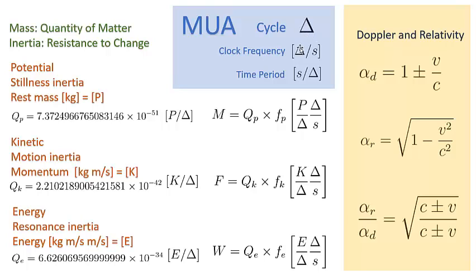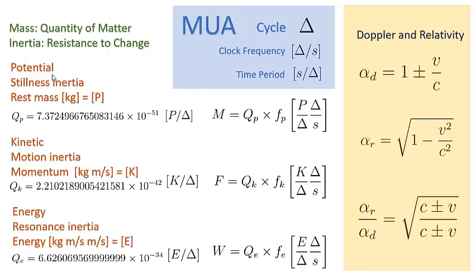And I embed this into the unit analysis. And so the units of frequency are cycles per second, and the unit of time period is seconds per cycle. But today we're going to focus on this part of the specification here.